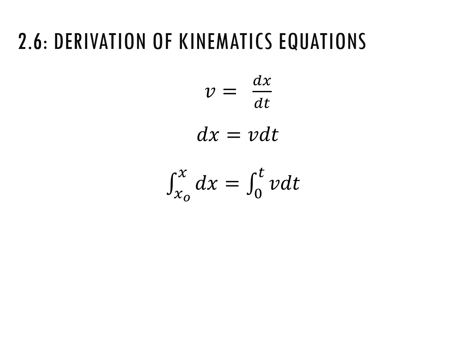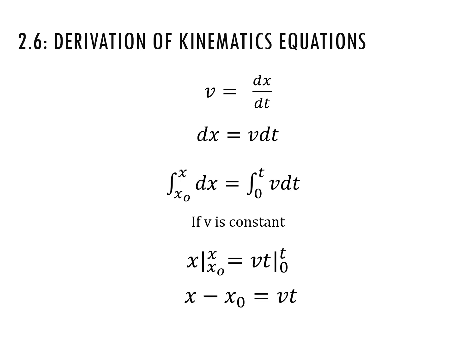It is important to consider the boundaries. At time equal to 0, the object was at x0. And at an arbitrary time t, the object will be at its final location x, and that's how you determine the boundaries. If v is constant, the power rule and the boundaries give us x minus x0 equal to vt.